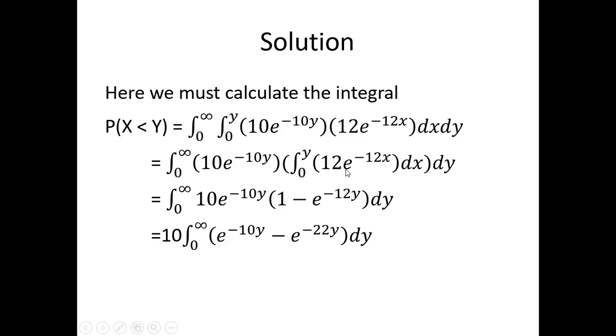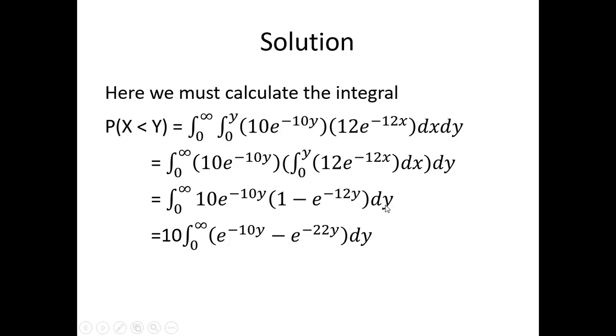Integral 0 to y, 12e to the minus 12x dx. When I do that, my result would be 1 minus e to the minus 12y. Remember, y is this upper limit.